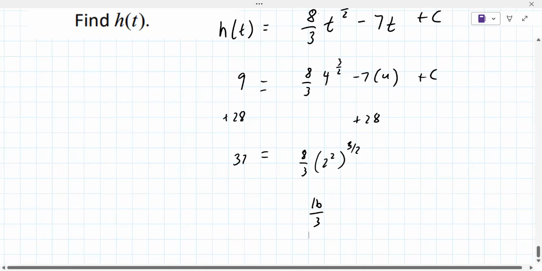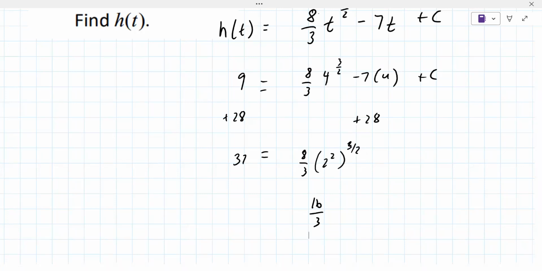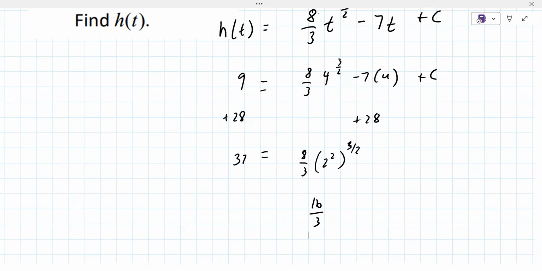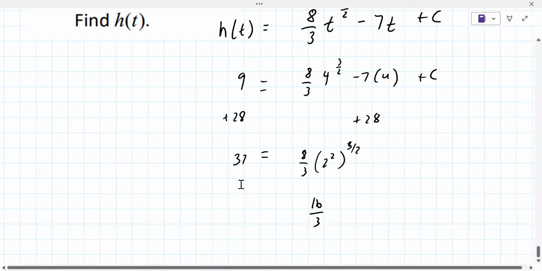Actually, I don't like the answer here. I wrote down h of 4 equals 9. This isn't right.